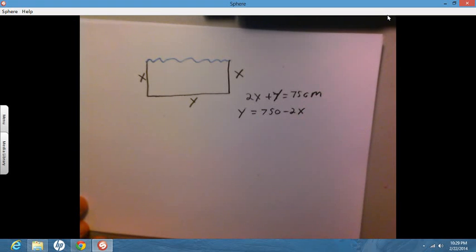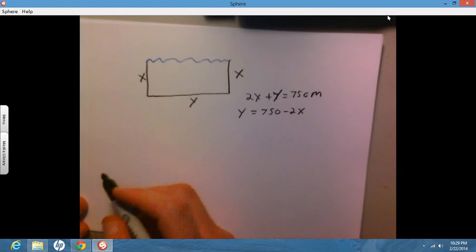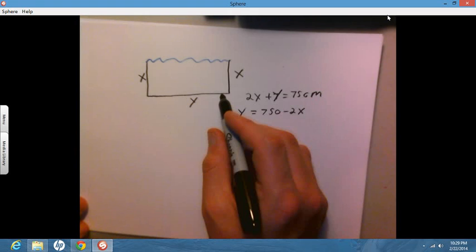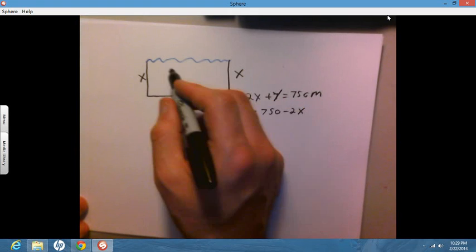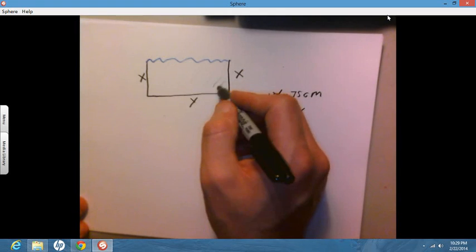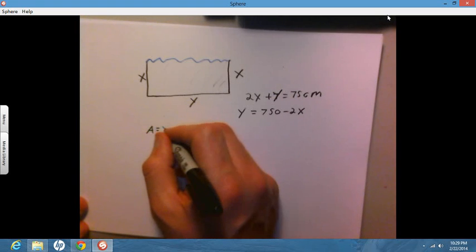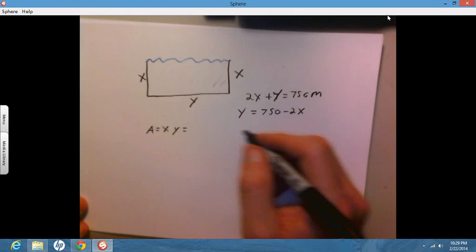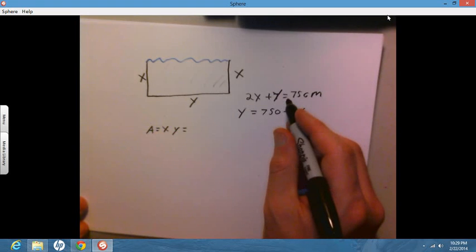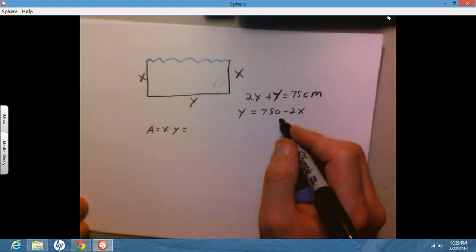And what Ed wants to do with this material is build the biggest fence possible. The biggest area, or meters squared, right? So the area of this is going to be the length times the width. It's going to be this area in here. And that area, A, is equal to x times y. But y we know from this equation over here, we subtracted 2x from each side: y is equal to 750 minus 2x.